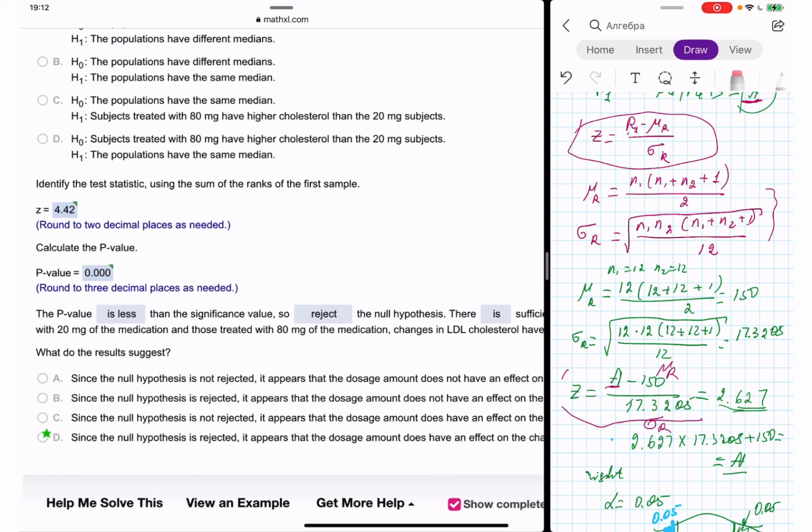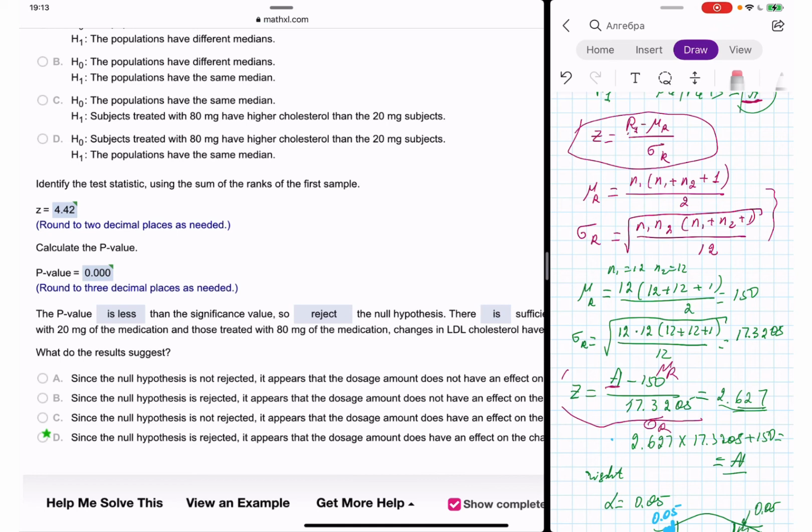But because it's all zeros, multiplying by 2 again gives 0. The z-score table max is 3.49, I think, so 4.42 is beyond it, and the p-value is practically 0.